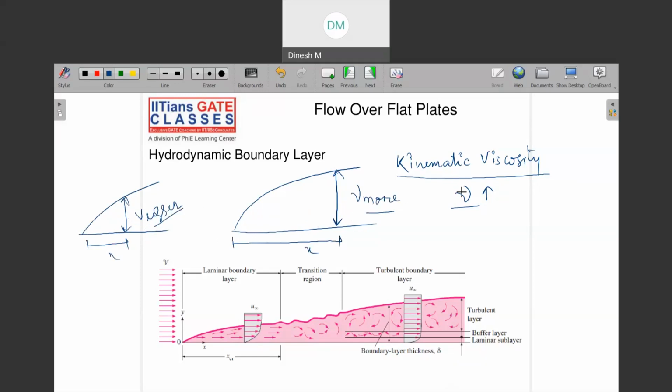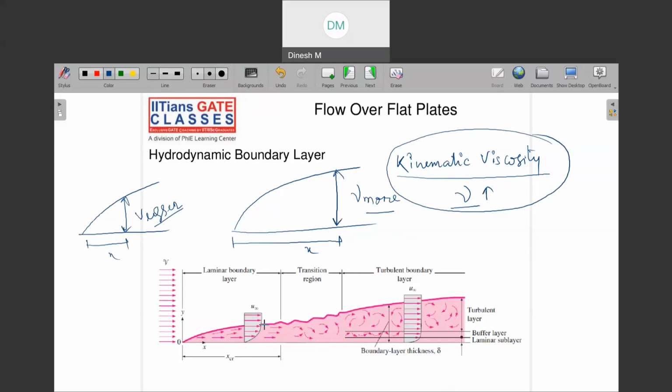Got the idea? So kinematic viscosity is helping you to understand how quickly you are able to diffuse the velocity. If you are quickly diffusing the velocity, what is that meaning? That you are adapting to the situation very quickly, okay? And then this difference will be felt till the higher regions, okay?